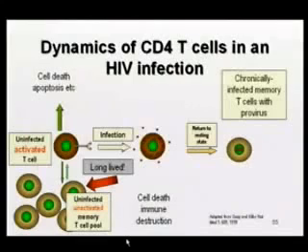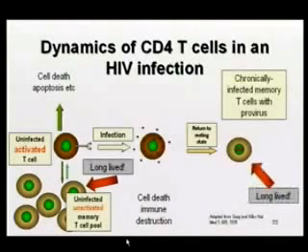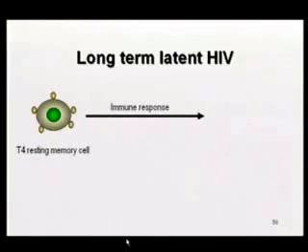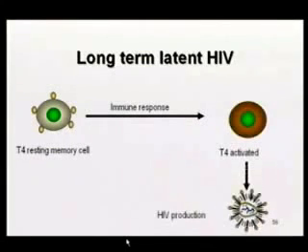And they are now chronically infected. They don't produce viral proteins, so they're not recognizable by the immune system because they're not activated. Only activated cells produce infectious virus. But the DNA's there in the nucleus. They're long-lived, 10 or more years. And it was this reactivation that then caused the disease to manifest itself again. So here you've got your memory T4 cell. You get an immune response, activation, virus production.